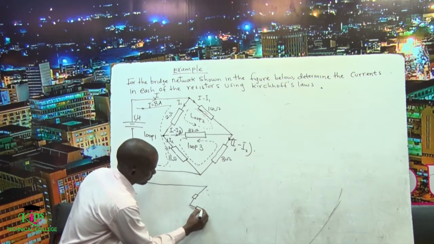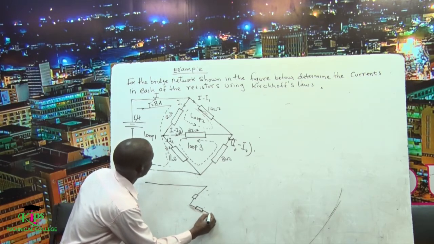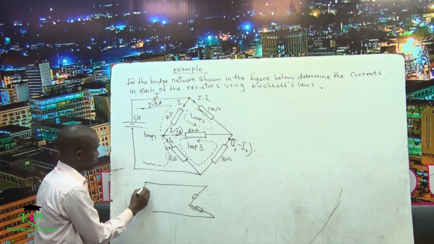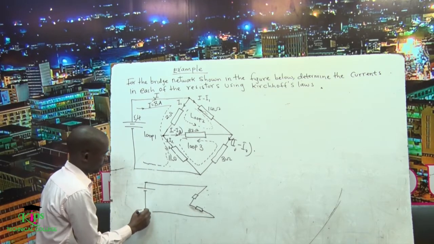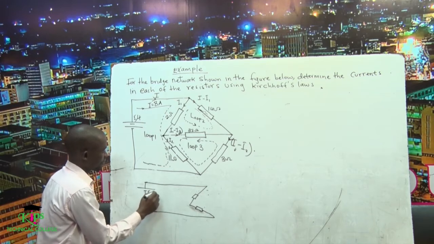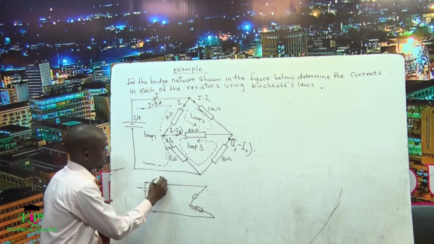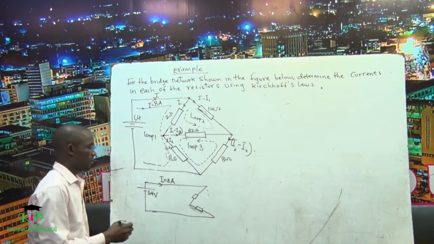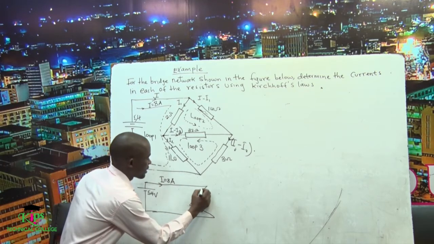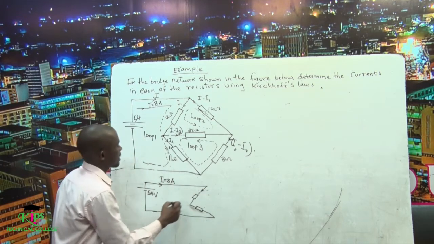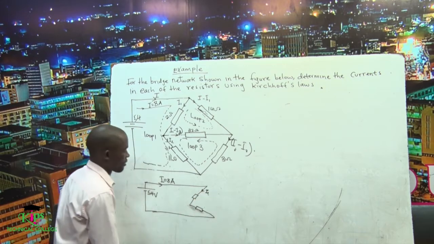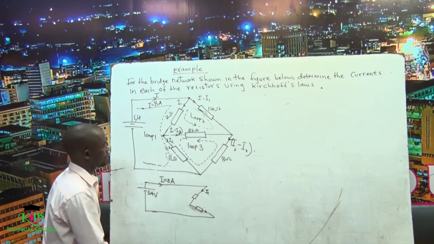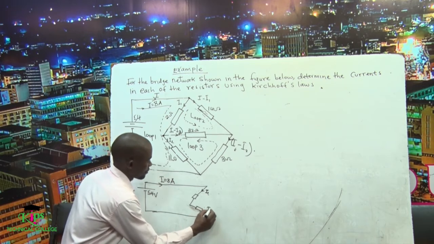Takes that form, then like that, and I've been told this is 54. This is 54 volts. This is I, which is 8 amperes. I've also been told the current flowing here is I1. I've also been told the current that is flowing in this other branch is I2.